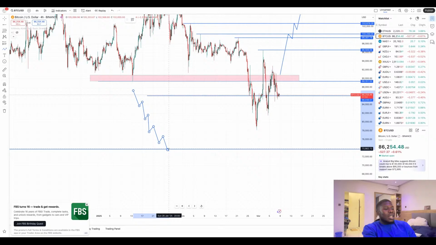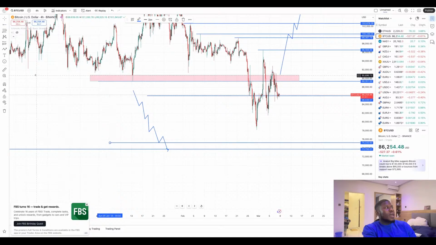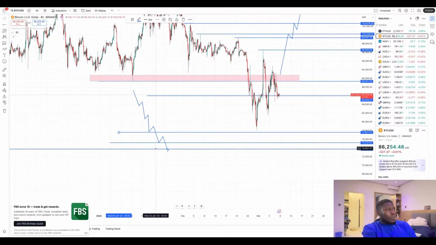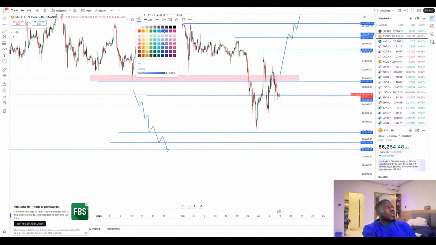In the sense that this is my last low, this is my last support of this minor swing, this is my last support of this minor swing, this is my last support, this is the next support. Now, if you want to know if this bigger support, let me change the color of this bigger support, to orange.